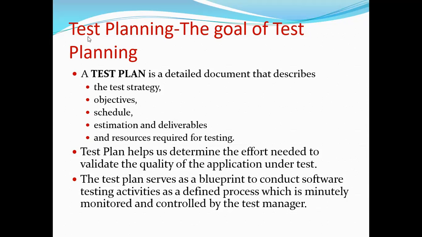Then estimation and deliverables. So what is that? Estimation means suppose for this testing purpose you need some extra resources. Suppose for example you have a team of say 10 people, but the project is a very big one, so you may need 5 to 6 extra members in your team.